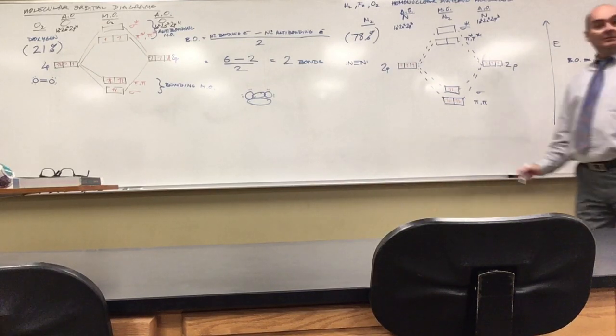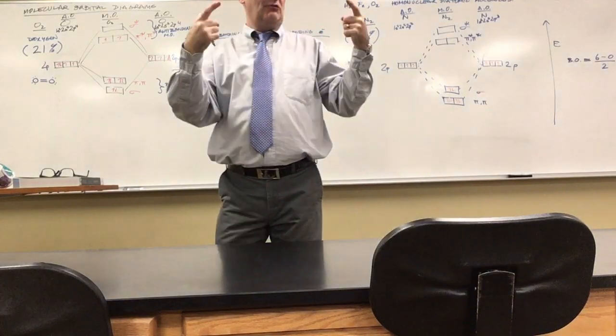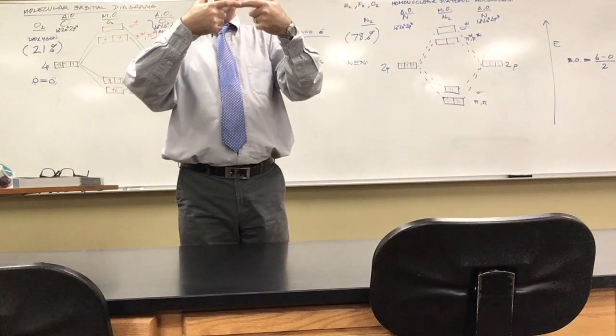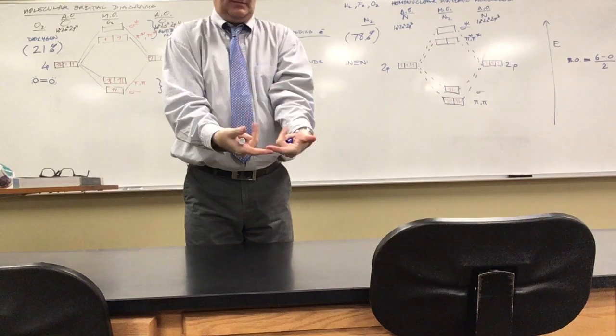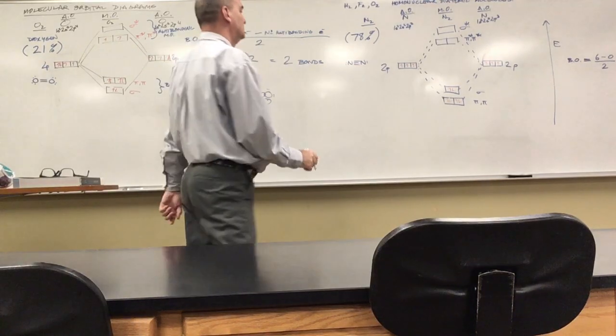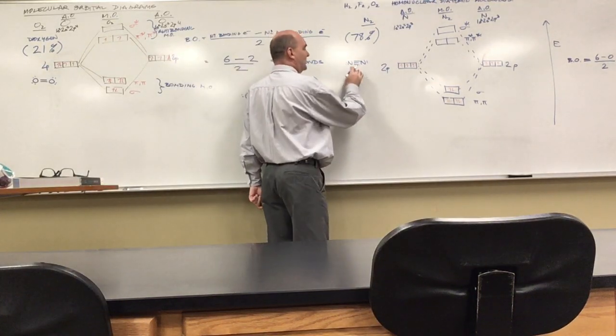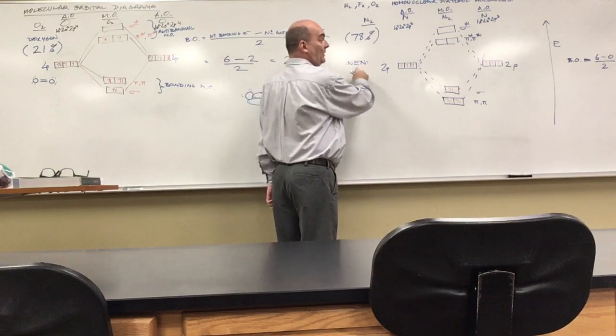And a triple bond is a sigma bond, direct overlap of those p orbitals, and then a pi bond, and then another pi bond. Triple bond is a sigma plus a pi plus a pi. Got it. All right, so the Lewis structure works.